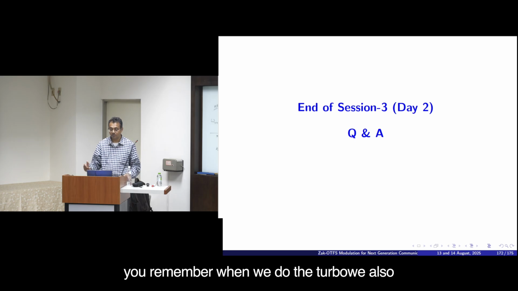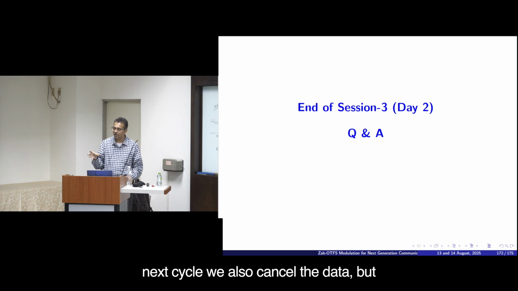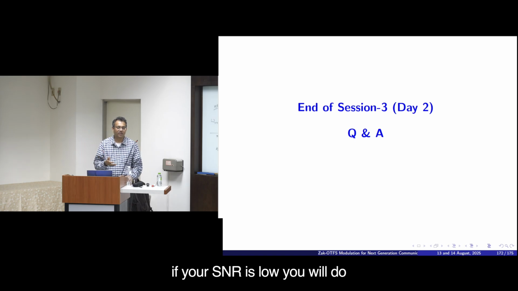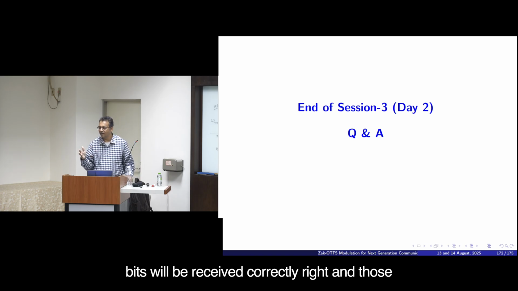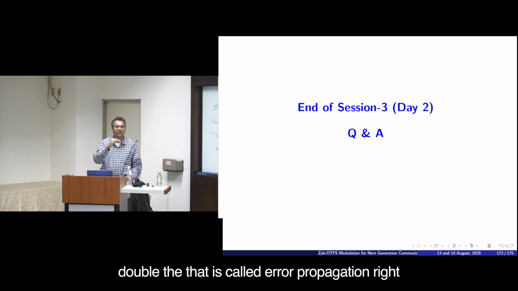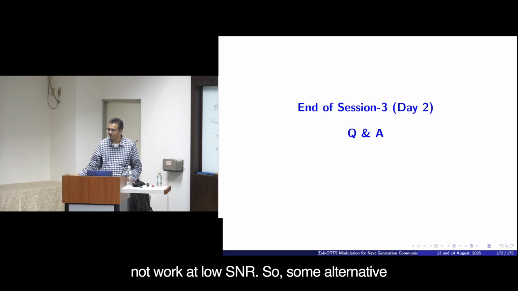Also remember, when we do the turbo, we also cancel the data before the estimation in the next cycle. But if your SNR is low, you will make errors in data. Not all your bits will be received correctly. And those data errors, when you cancel them, will double. That's called error propagation. That's why this will not work at low SNR.